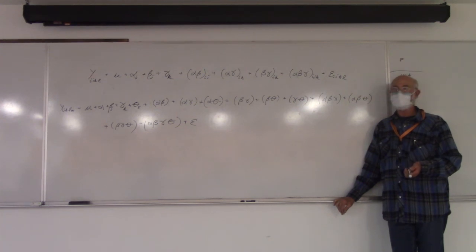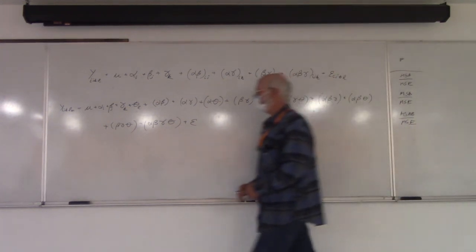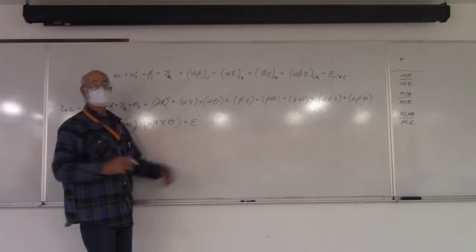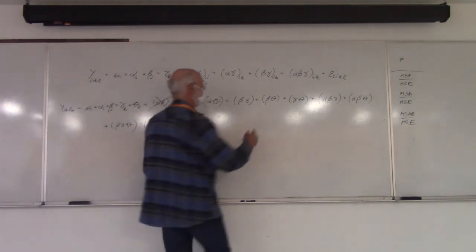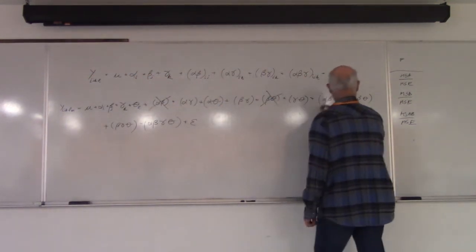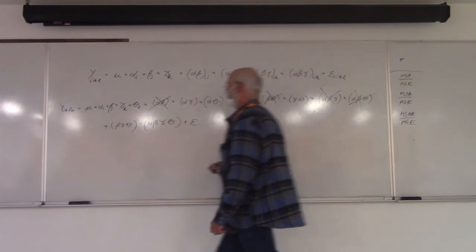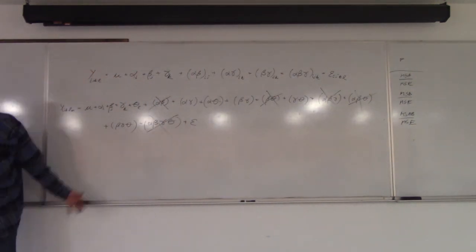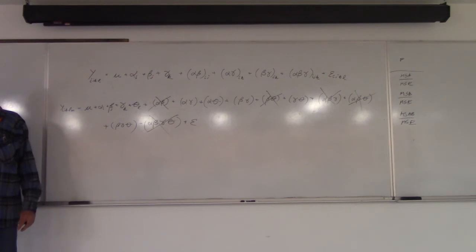Don't care. It's not going to matter. So right from the get-go, you can say, I don't care about that interaction term. It doesn't make any biological sense. I don't care about that one, or that one. Now you don't even have to estimate them.